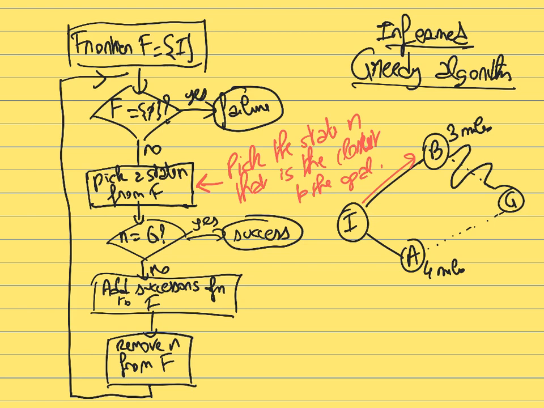It cannot be shorter than 3 miles, because 3 miles is the distance in a straight line from state B to state G. But it's possible that the actual route from state A to state G could be shorter than the route between state B and state G, but at least the flying distance is smaller in the case of state B. And the reason that you are using the flying distance here is that in many cases, if you have a given state, you can estimate how far you are from the final destination, but you don't know if this is going to be really the real distance that you will have to travel from this state.